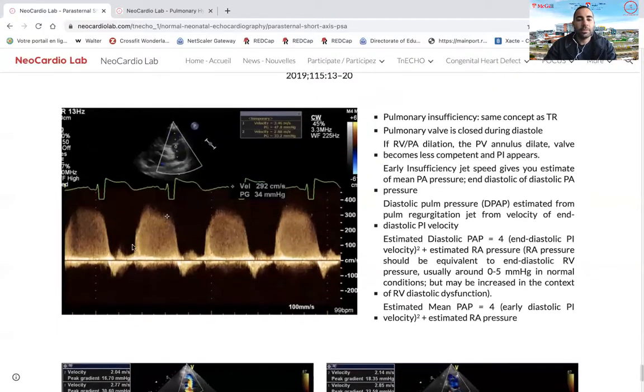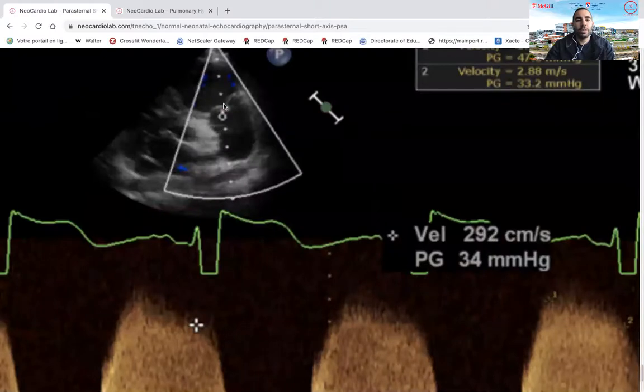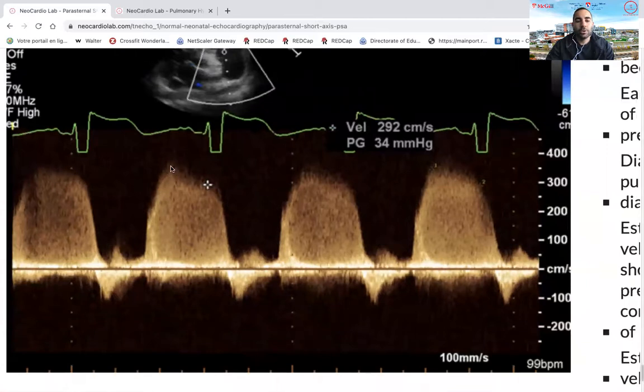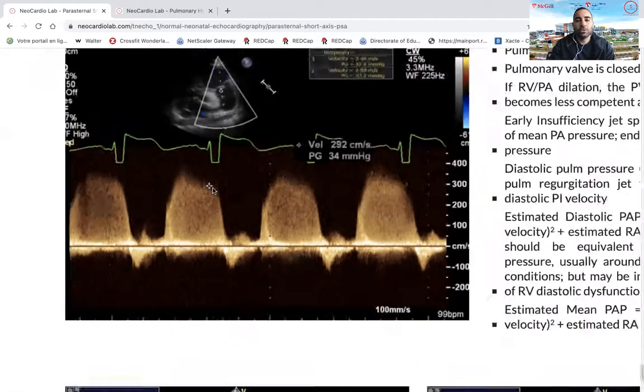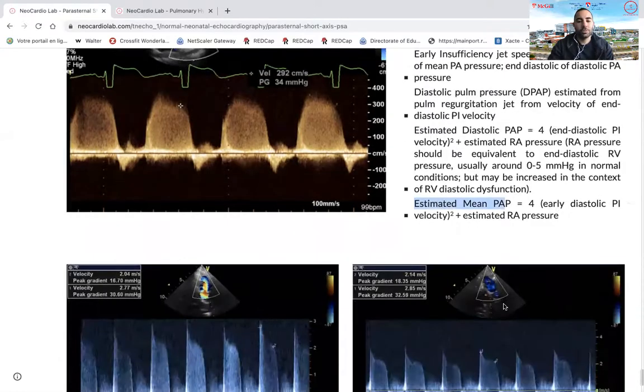This is another example of a pulmonary insufficiency jet that you could obtain in the context of the parasternal short axis view. So you can see here that we have put our line of interrogation through the pulmonary valve, and that you're able to get a tracing with your peak of diastole and your end diastolic, which gives you some degree of estimation for either your diastolic or mean pulmonary arterial pressure.